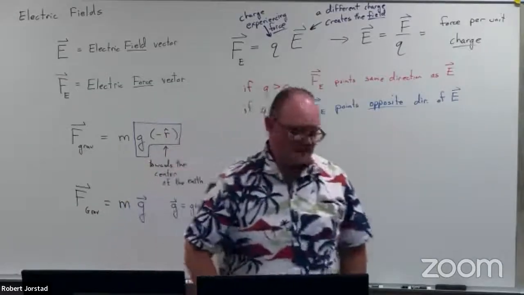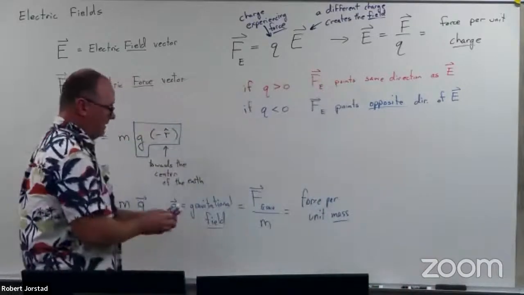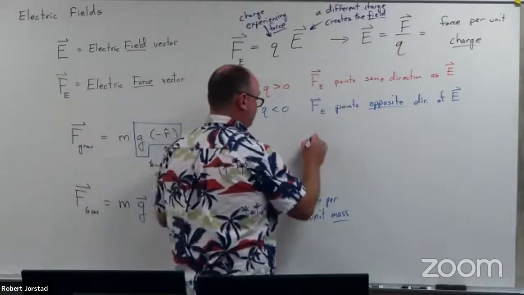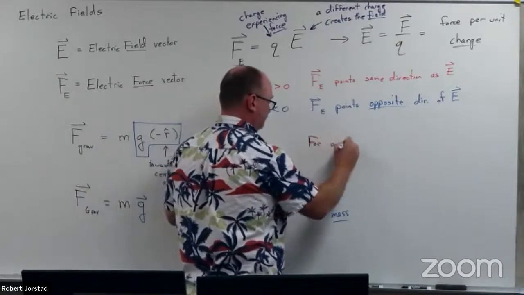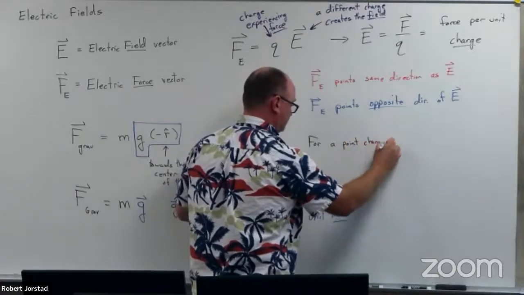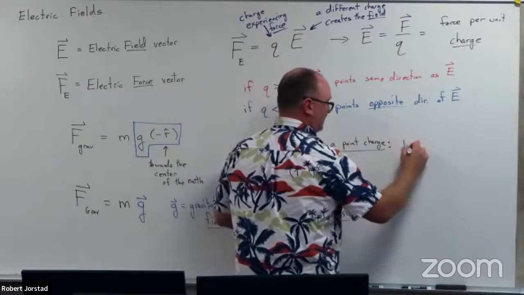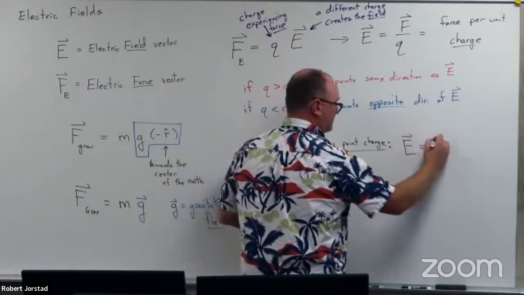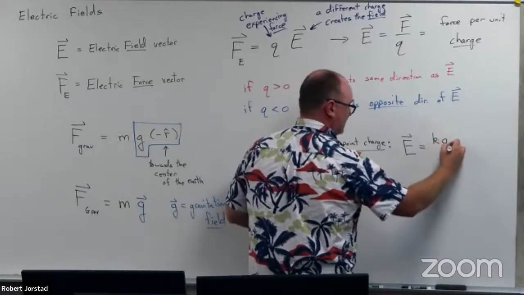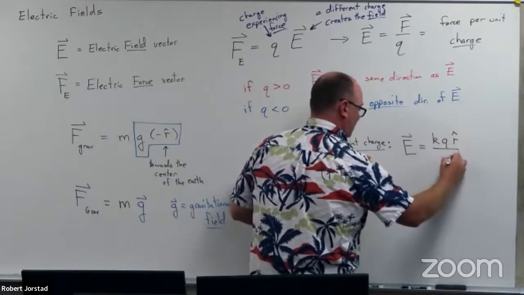So I think I said I was going to write something up here. Let's go back to our notes on the board. For a point charge, the electric field is kQ r-hat over r squared.